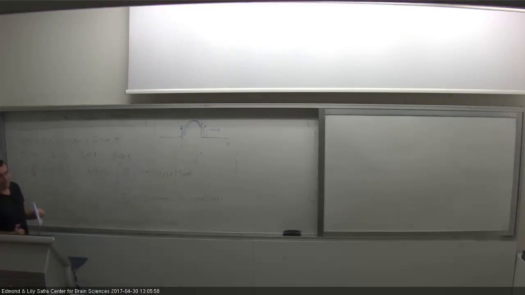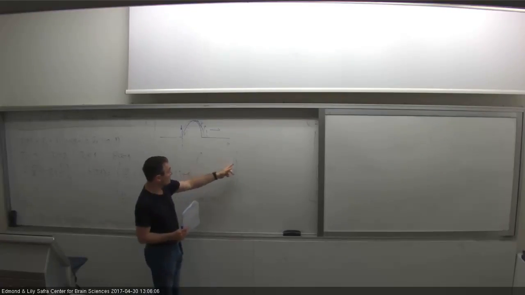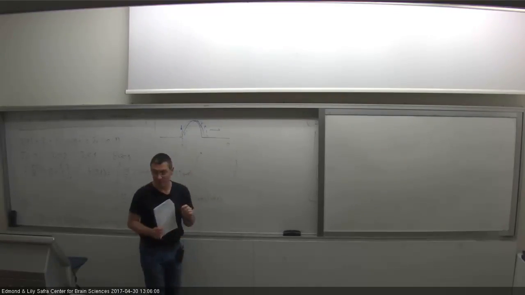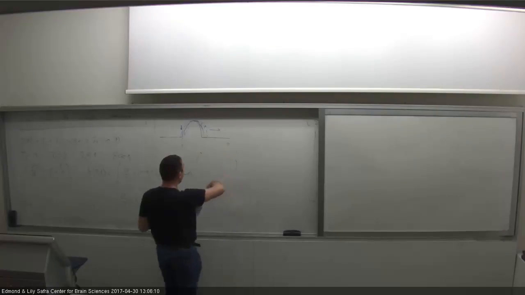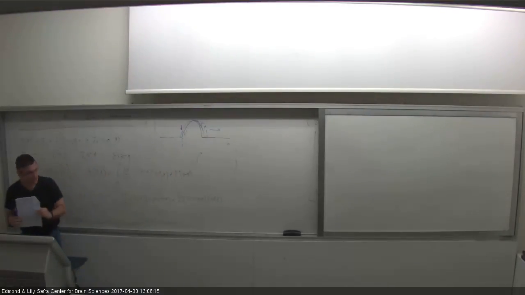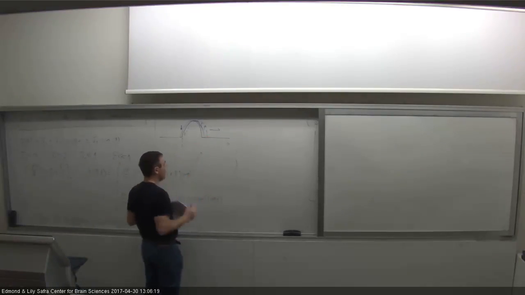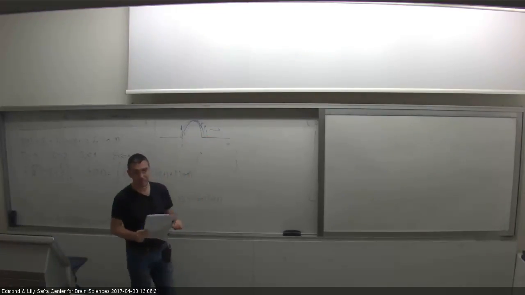Thinking hard about this problem, we already know the answer. We already know that the solution would be periodic, that we will have a bump that is moving around this ring.